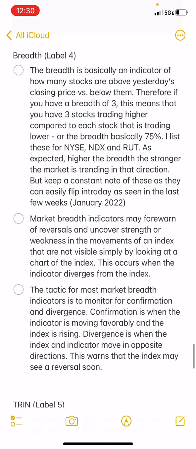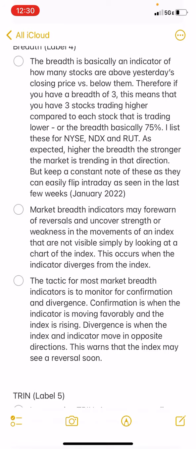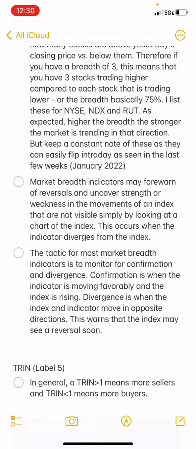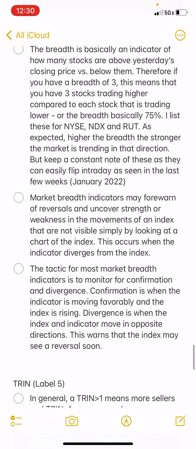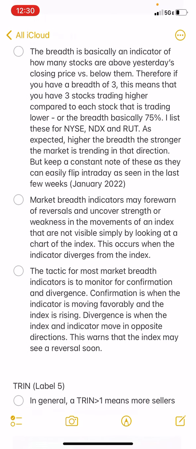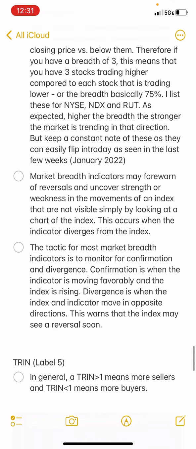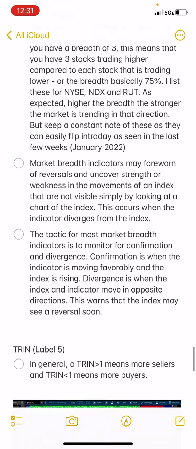I use the NYSE, the NDX, and the RUT, okay? As expected, the higher the breadth, the stronger the market is trending in that direction. So just keep constant note of these. Like I said earlier, these can flip intraday at the drop of a hat. We've seen that in the last few weeks throughout the month of January.